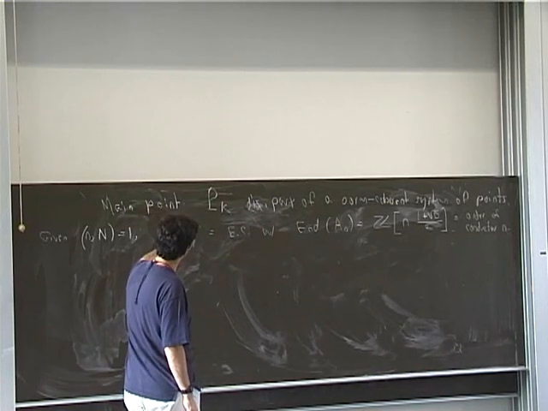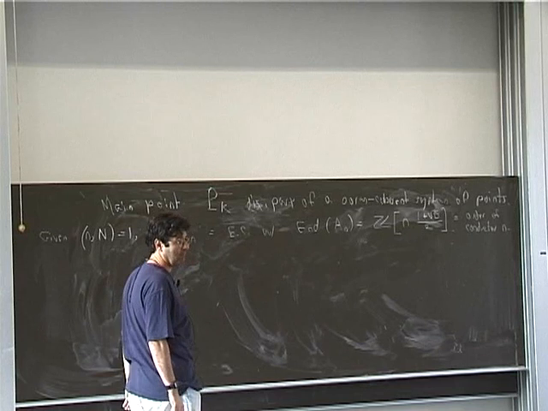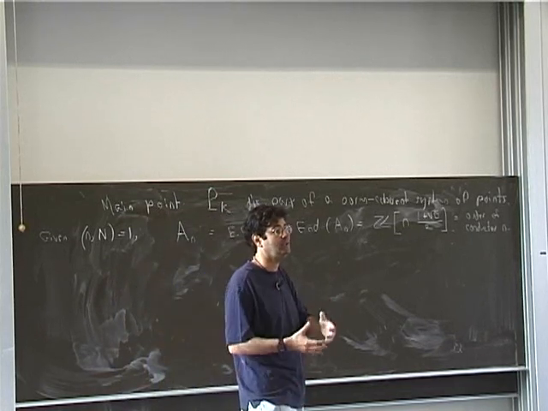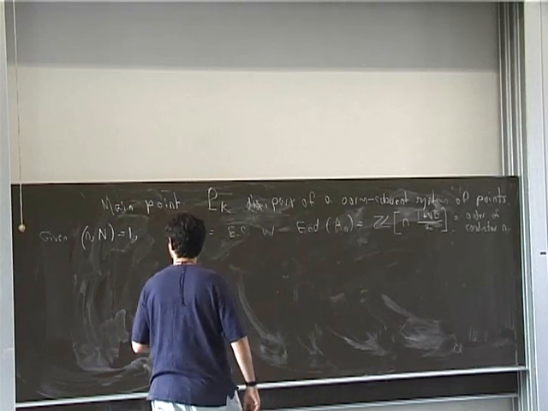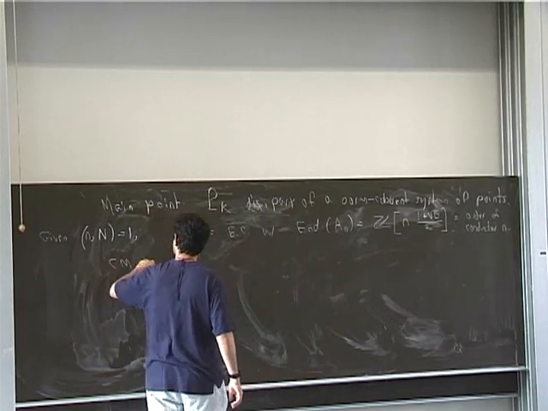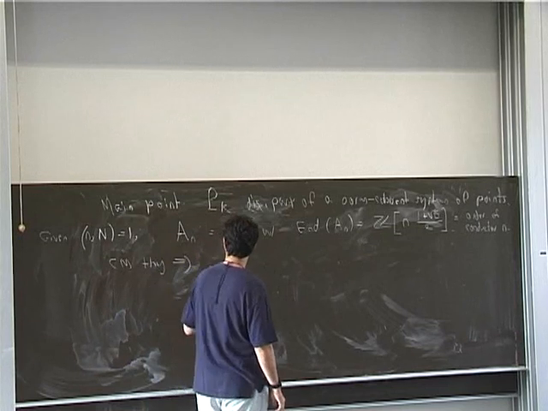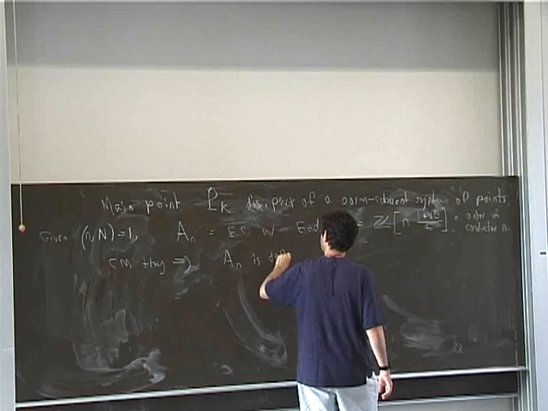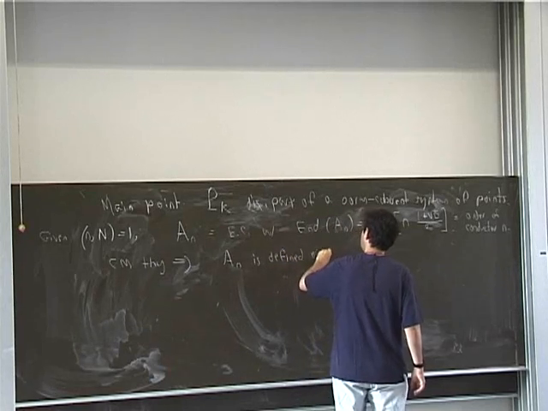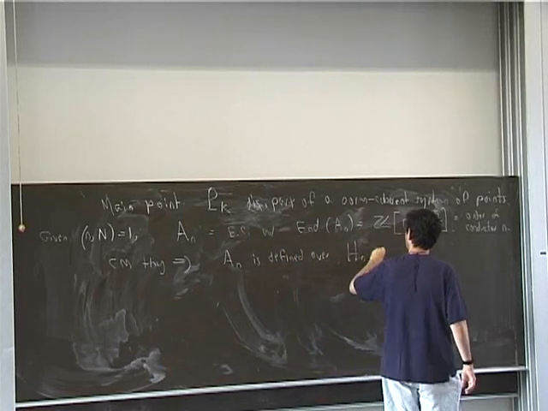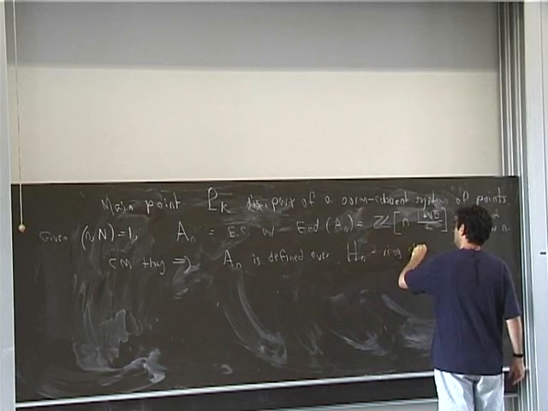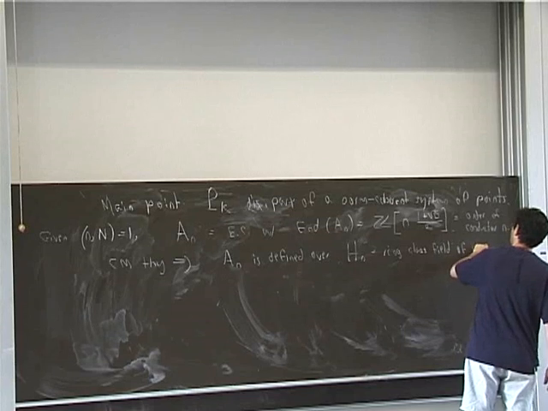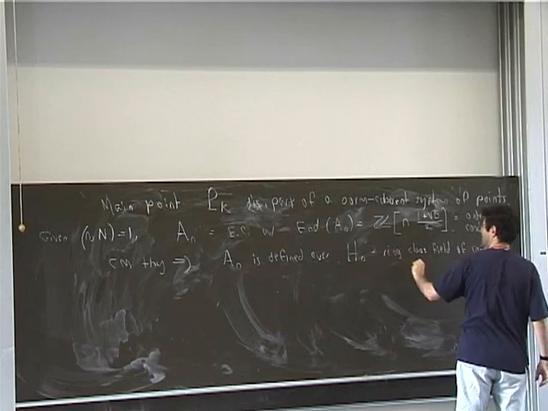And we know a lot about the Galois action on torsion points of CM curves. We know that the Galois representation cuts out the maximal abelian extension of K and so on. And so the CM theory in this case tells us that A_n is defined over an abelian extension which I'll call H_n, which is the so-called ring class field of conductor n.